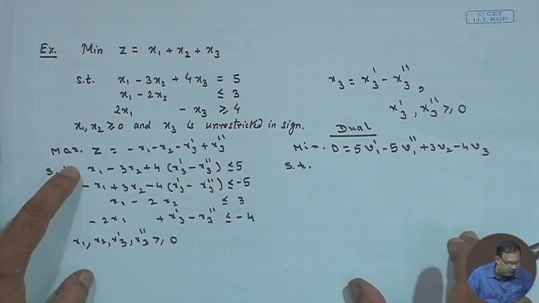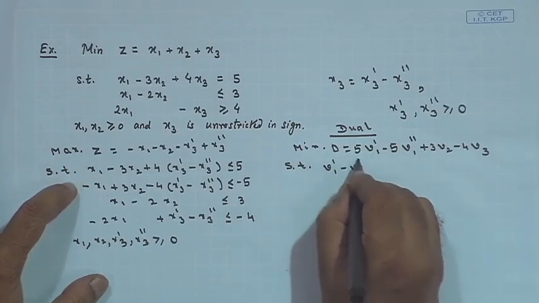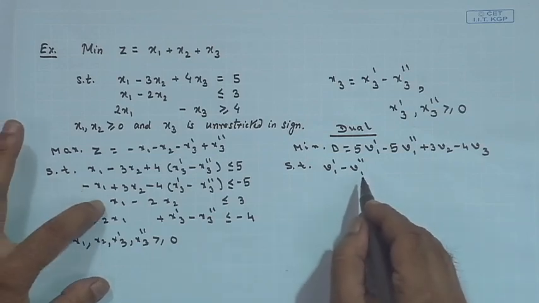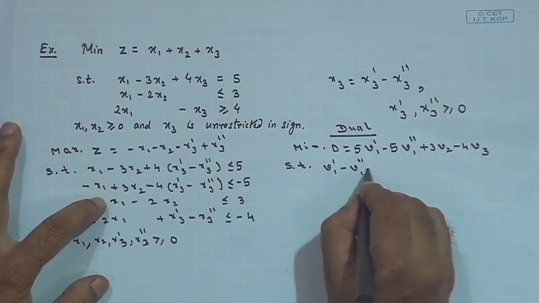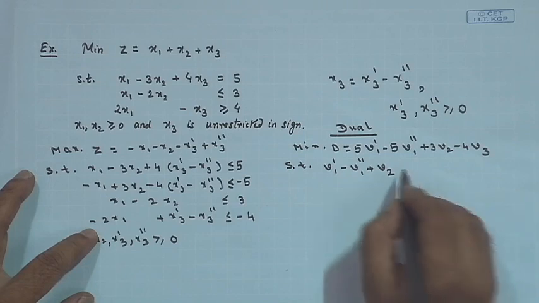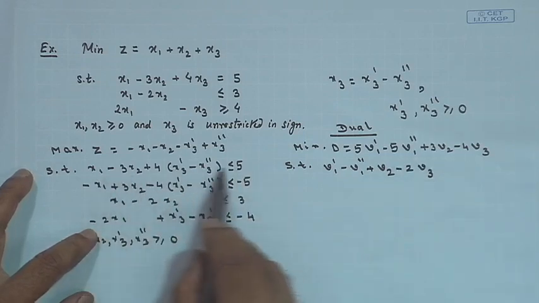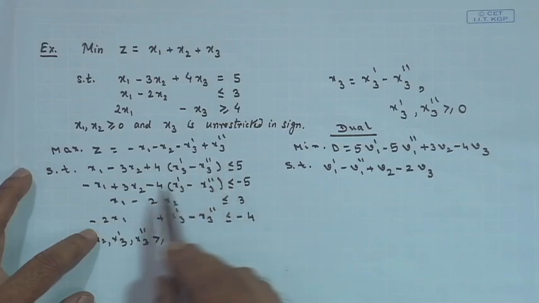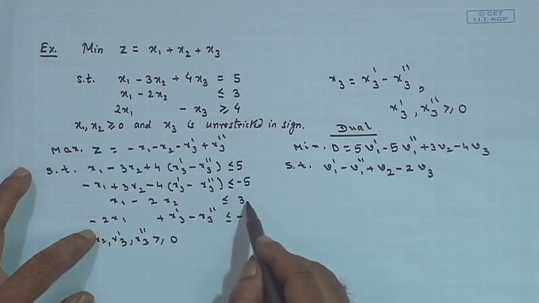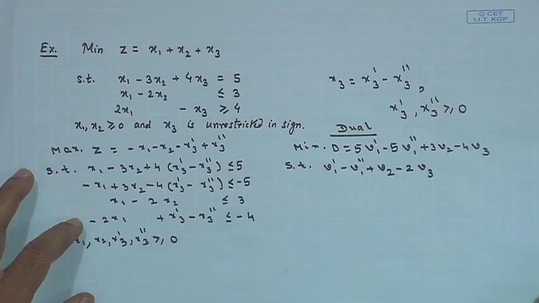So, I will start with v1 dash minus v1 double dash, then v2 whose coefficient is 1, and for the last one minus 2 is the coefficient, so minus 2 v3. Basically the first constraint corresponds to variable v1 dash, the second to v1 double dash, the third to v2, and the fourth to v3.